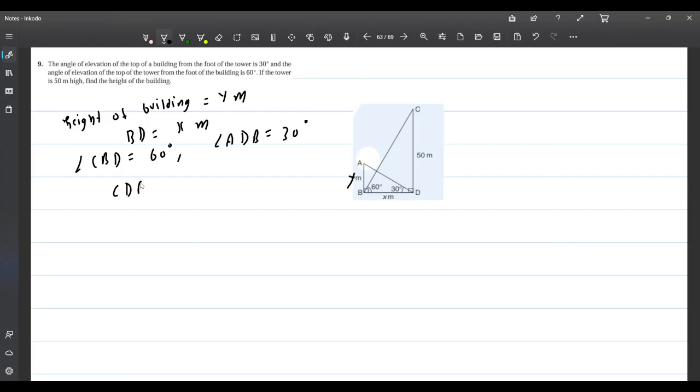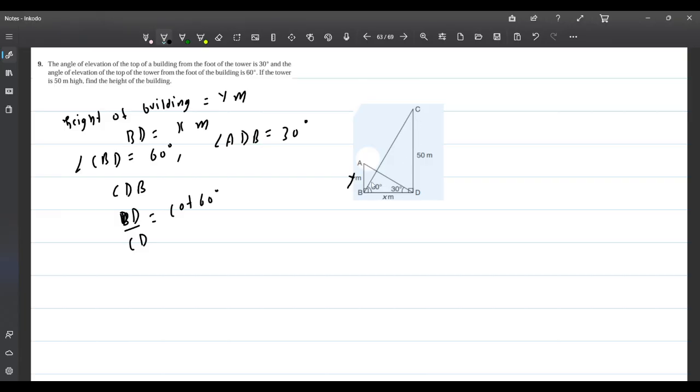CDB, BD upon CD. So this is equal to tan 60 degree. देखो in a right angle triangle CDB.